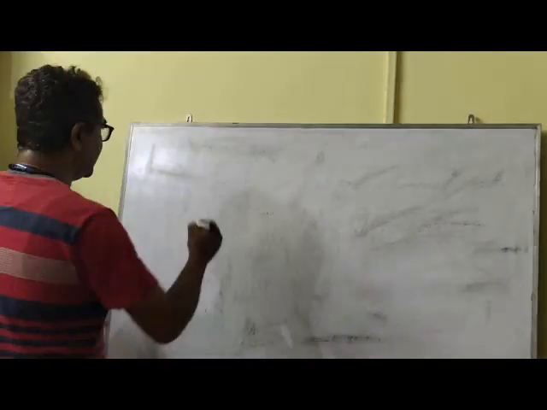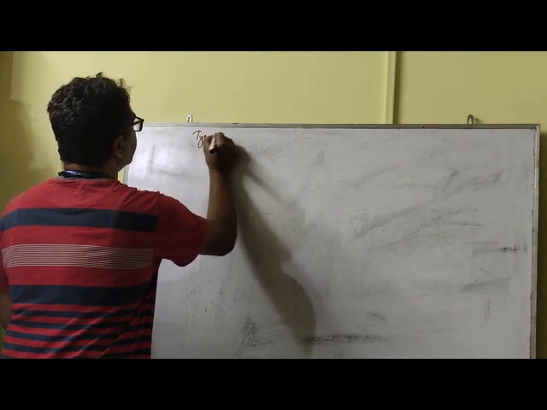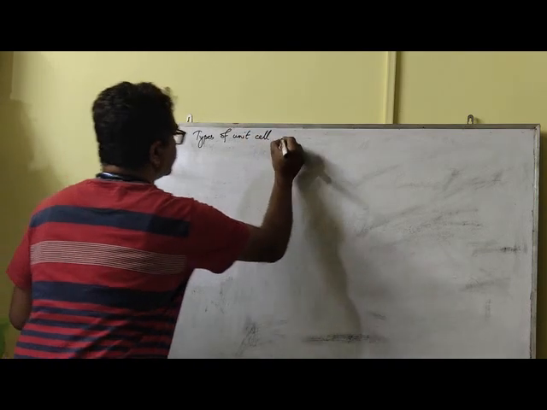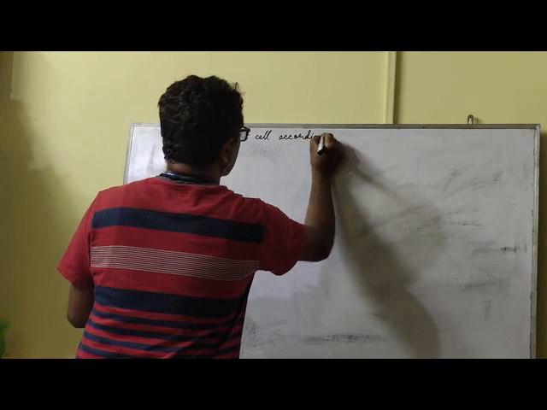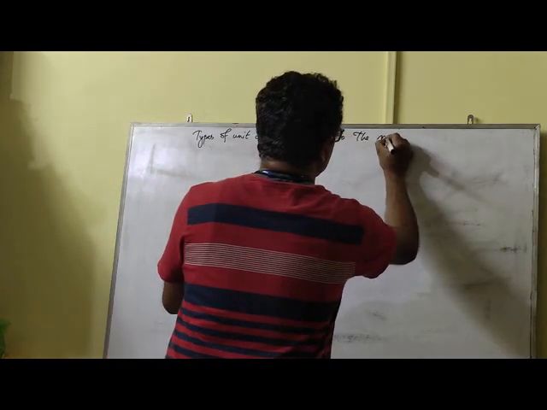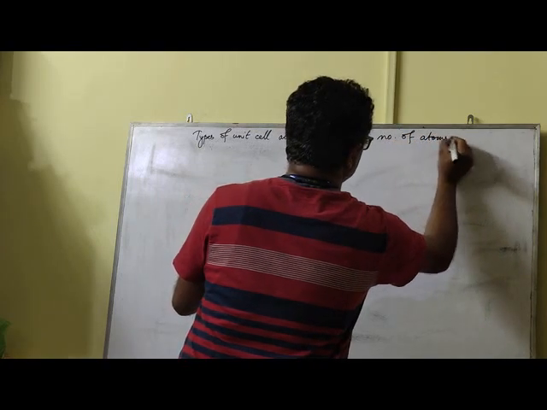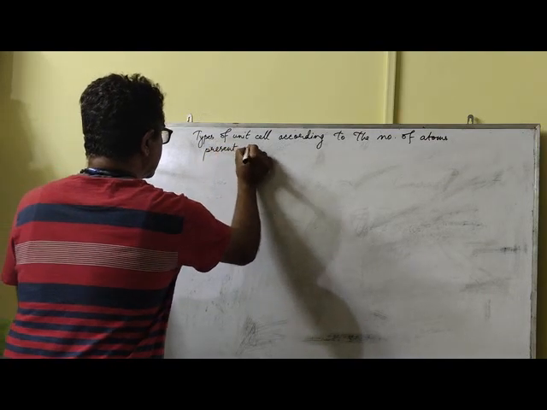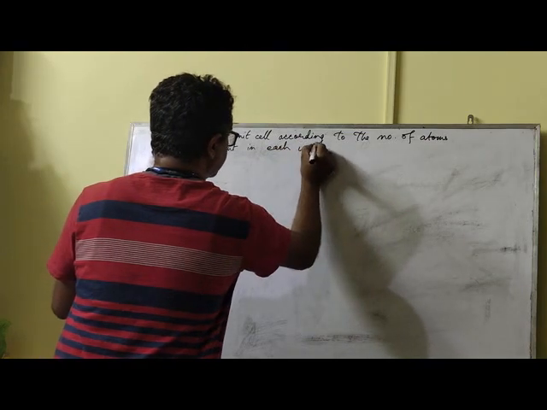So let me write the heading: types of unit cell according to the number of atoms present in each unit cell.